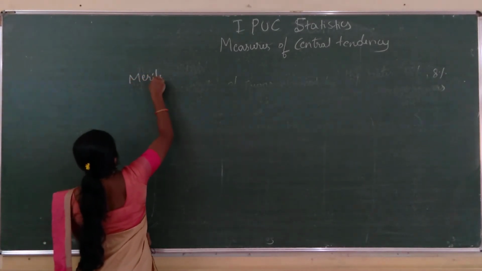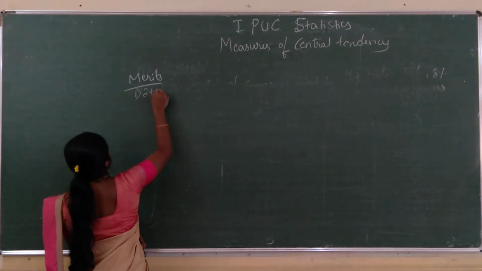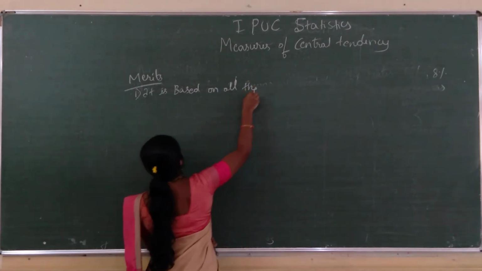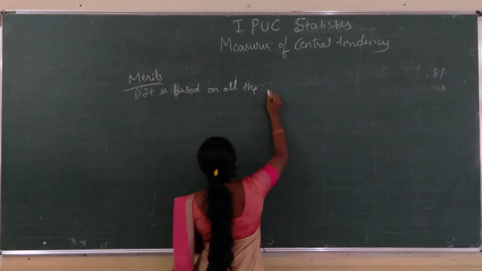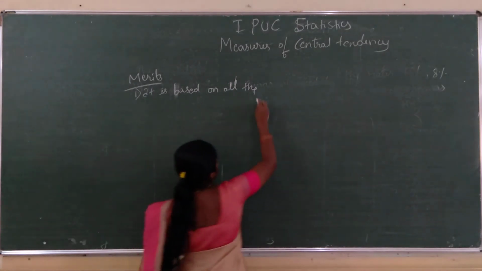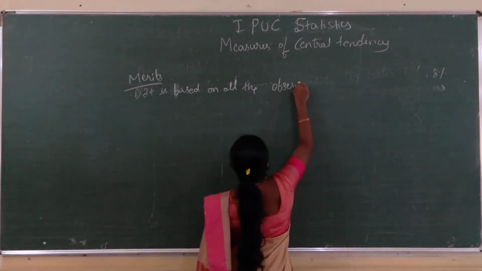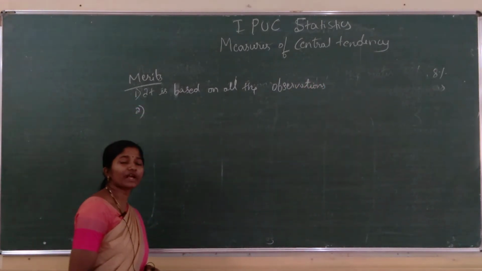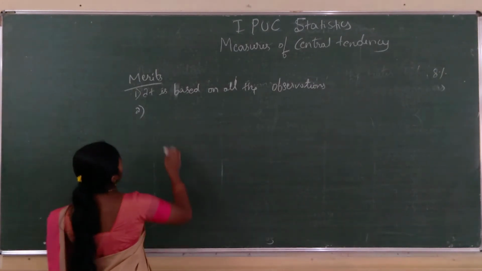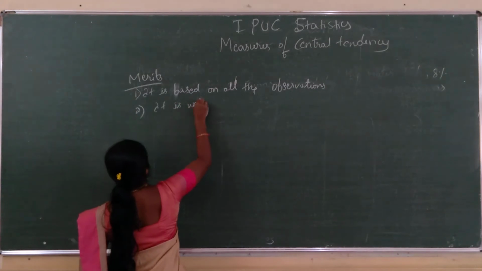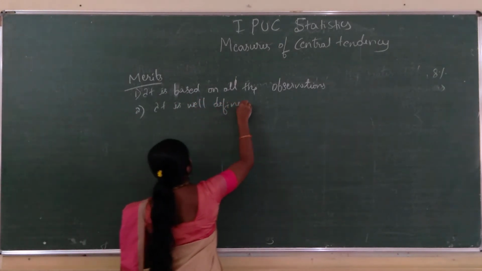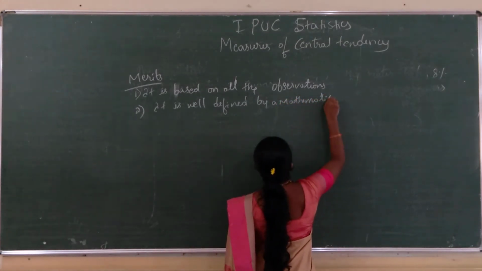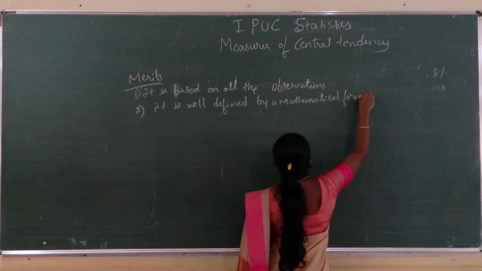Merits. It is based on all the values or observations. Okay. Next, another one, it is well defined by a mathematical formula.